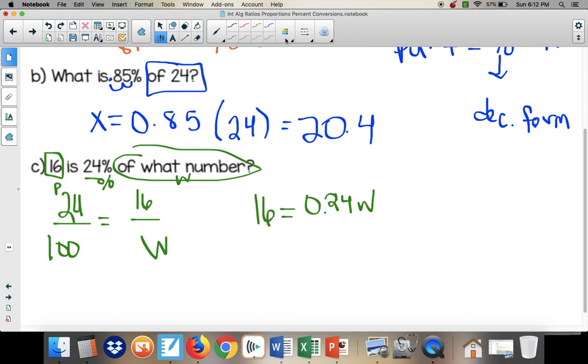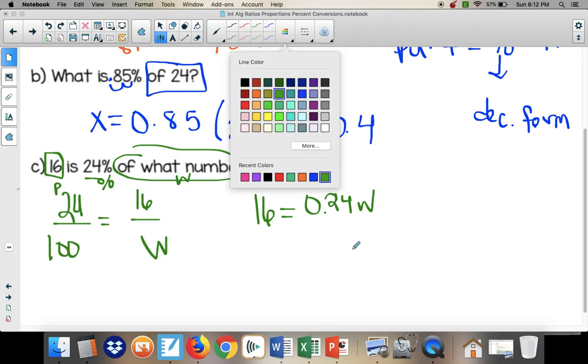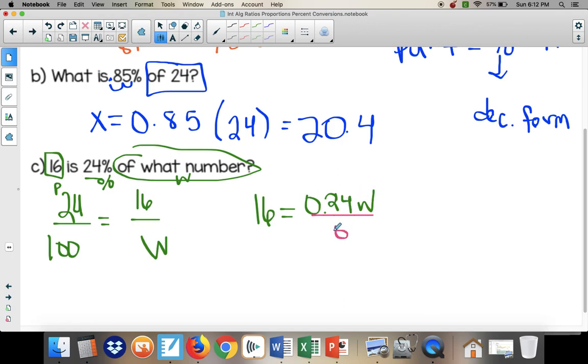Now, if I were to solve the equation here, I would just divide by 0.24, and then on this one, I just do my multiply, divide. So let's see, 16 divided by 0.24 gives me 66.7, or 66.6 repeating. If I did 100 times 16 divided by 24, same thing. So my whole number is 66.6 repeating.